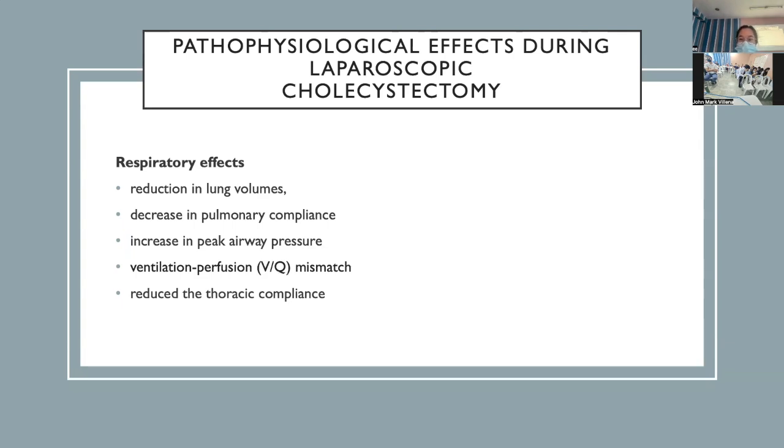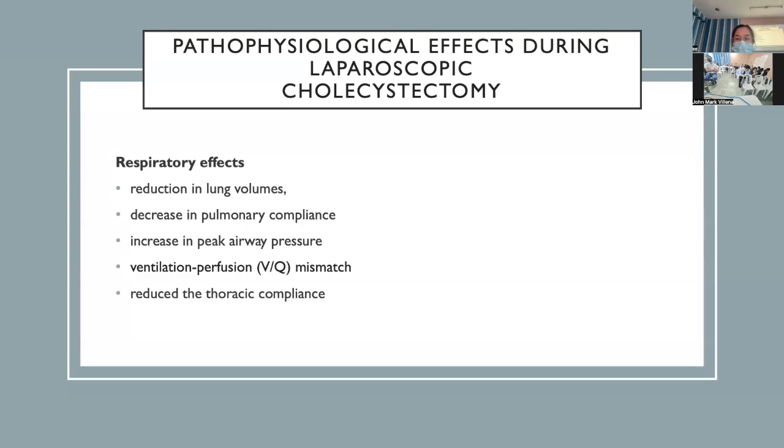So it decreases the functional residual capacity, and the upward displacement of the diaphragm leads to the non-dependent part of the lung having ventilation perfusion mismatch with a higher degree of intrapulmonary shunting.